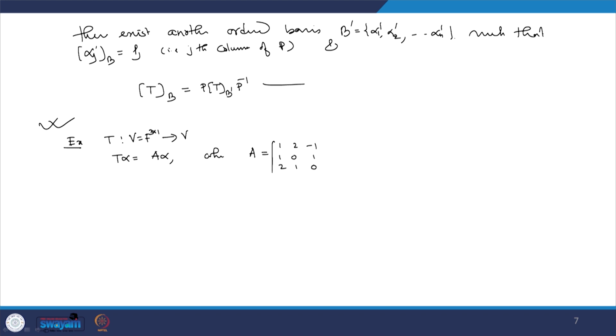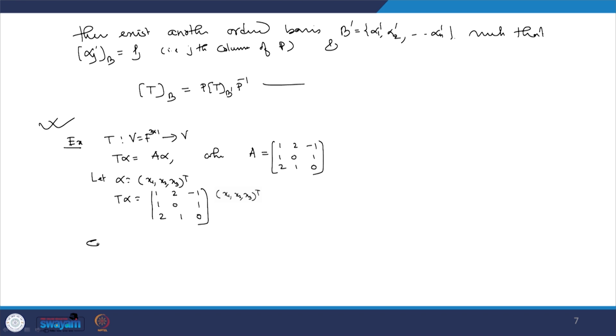Suppose A is this one. So, here alpha means basically a 3 cross 1 column vector. So, I can say let alpha be equal to x 1, x 2, x 3 transpose. So, T of alpha is equal to 1 2 minus 1, 1 0 1, 2 1 0 times alpha. So, suppose this one.